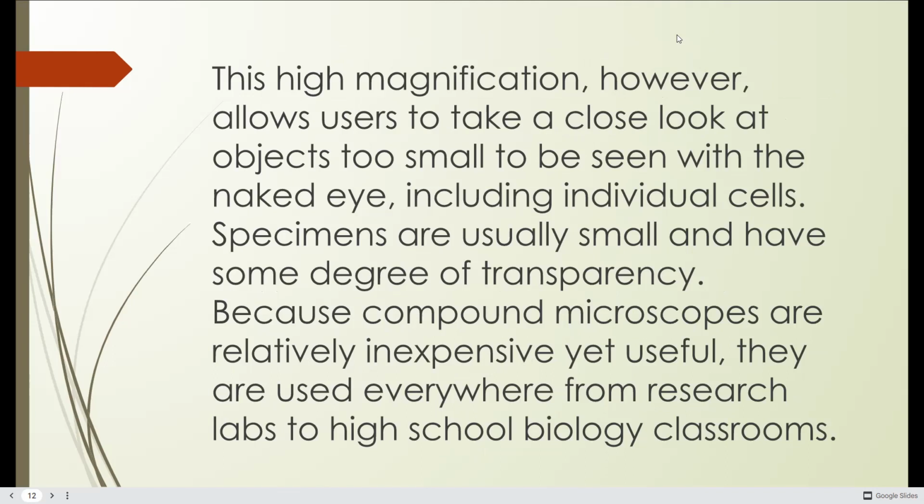This magnification allows you to take a close look at objects at a smaller scale, including individual cells. Since some of the specimens are transparent, they need some light. That's why, if you observe under the microscope, the color is blue first, then yellowish, and some of them are reddish because of the dye.